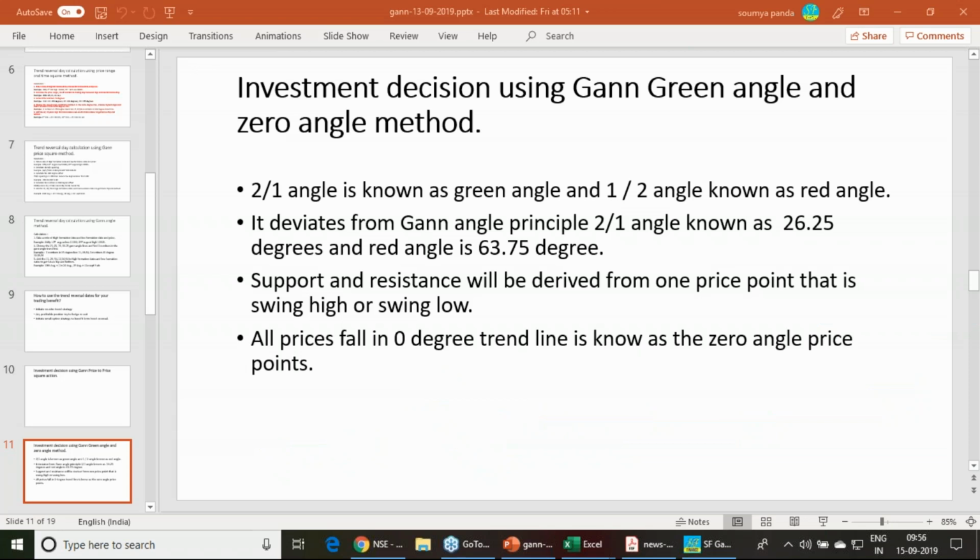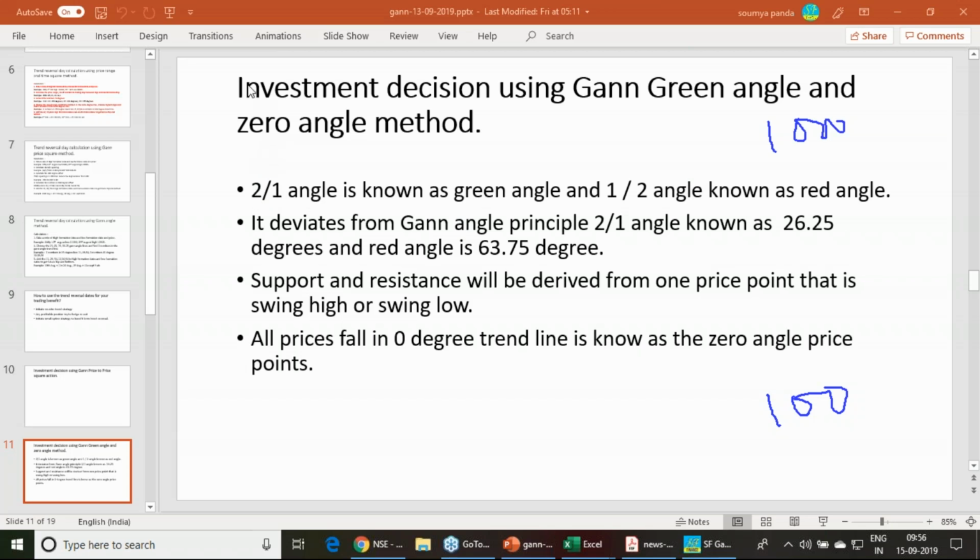At the same time, when any stock square roots, suppose one stock is trading at 1000 rupees and it comes to 100 rupees, then it becomes a worthless stock. Means when any stock square roots, it can go below and below. This is what the zero angle concept says, or it becomes worthless.